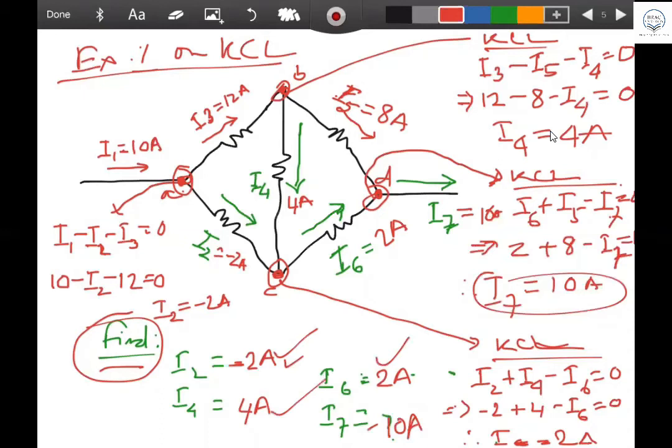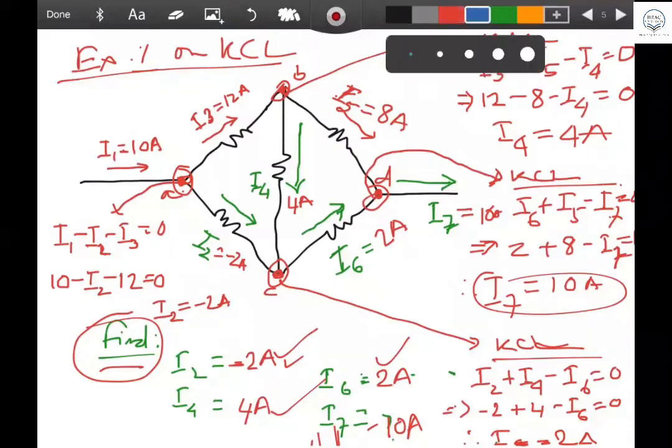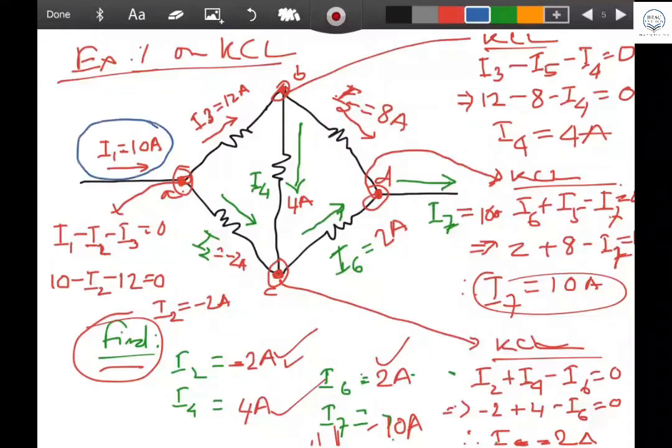This is completed. Now one thing, look very carefully. I think everybody understood, right? Yes, sir. Now, all of you just look very carefully. The total current coming into the circuit is what? 10 ampere.